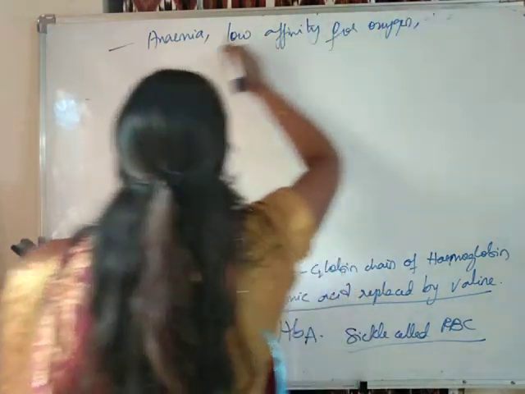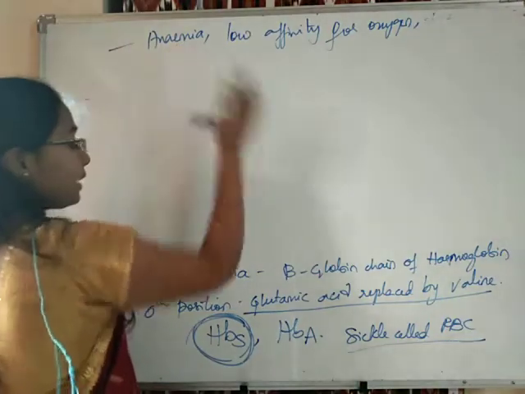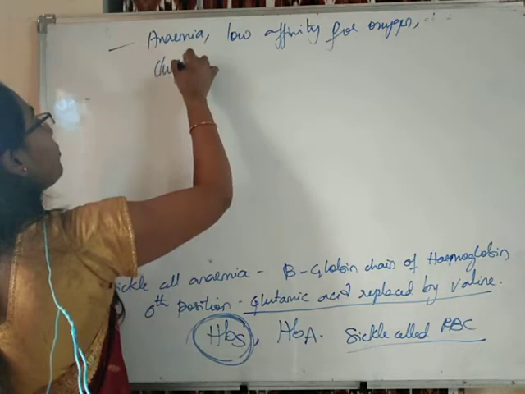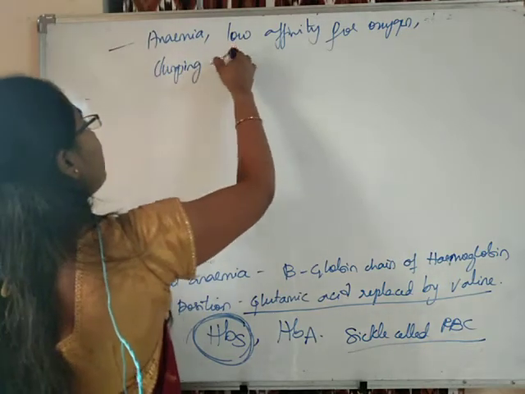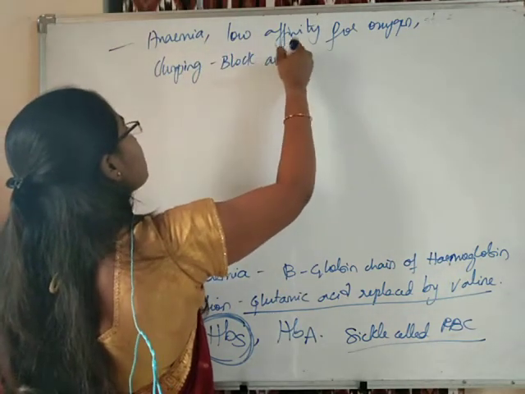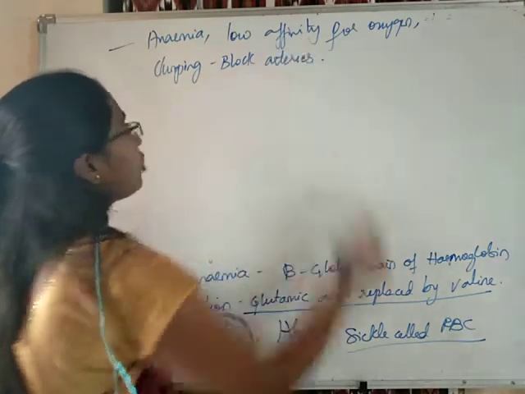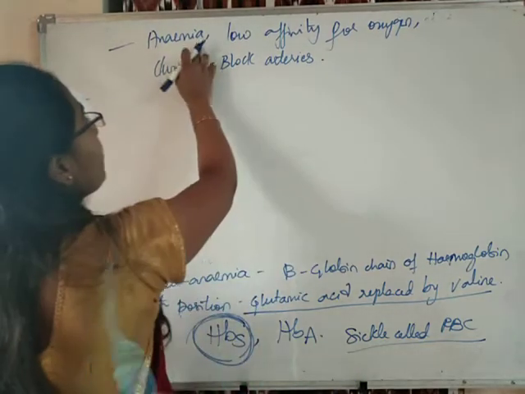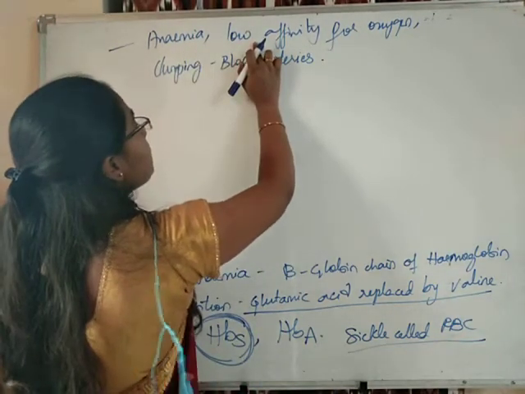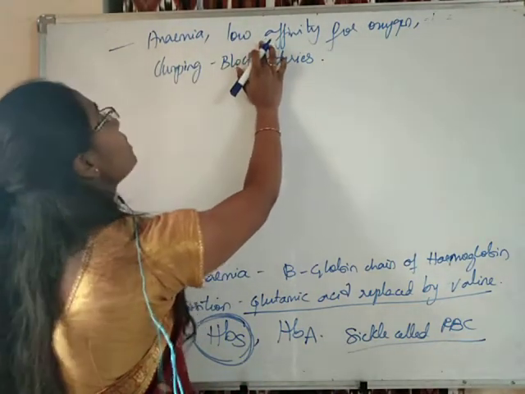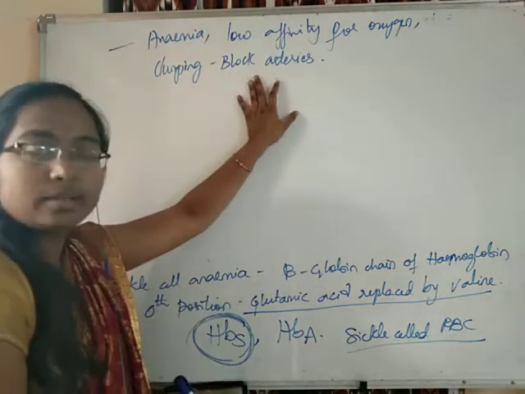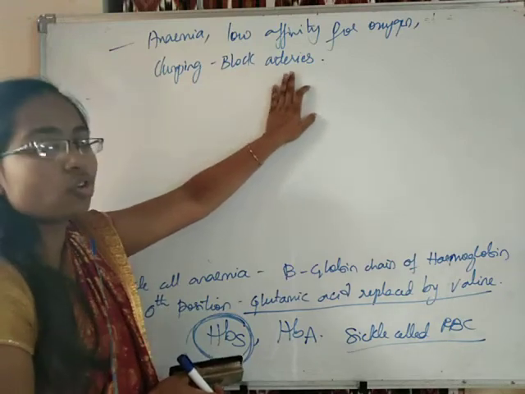They result in anemia, and these sickle shaped cells undergo clumping and block arteries. So, this single gene is causing these many effects: anemia, low affinity for oxygen, that means inefficient transport of oxygen in the body, and clumping of the sickle shaped red blood cells resulting in blocking of arteries.